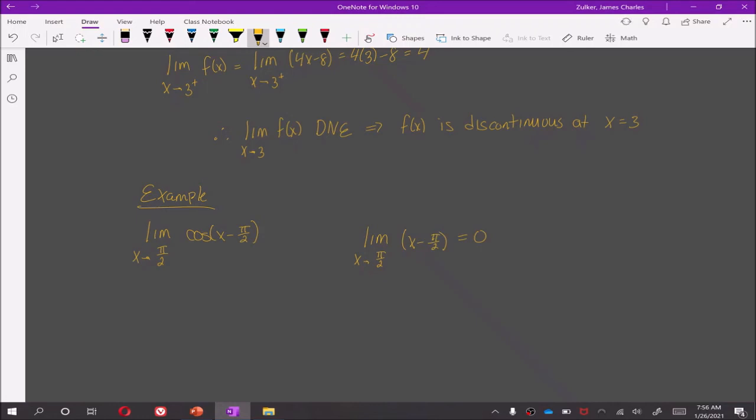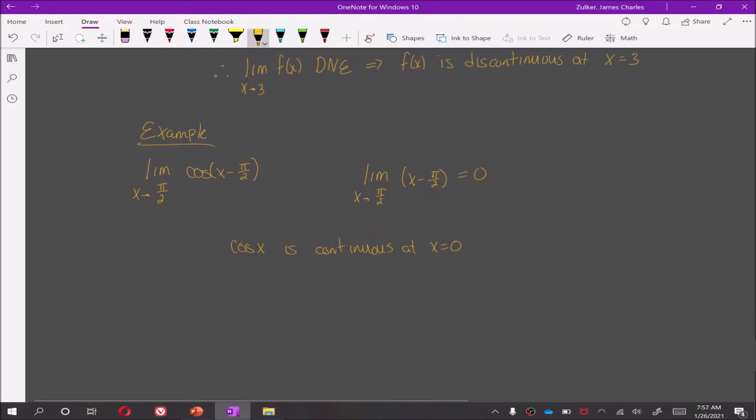If cosine is continuous at 0, which it is, right? Because cosine is continuous over its entire domain, which is all real numbers.